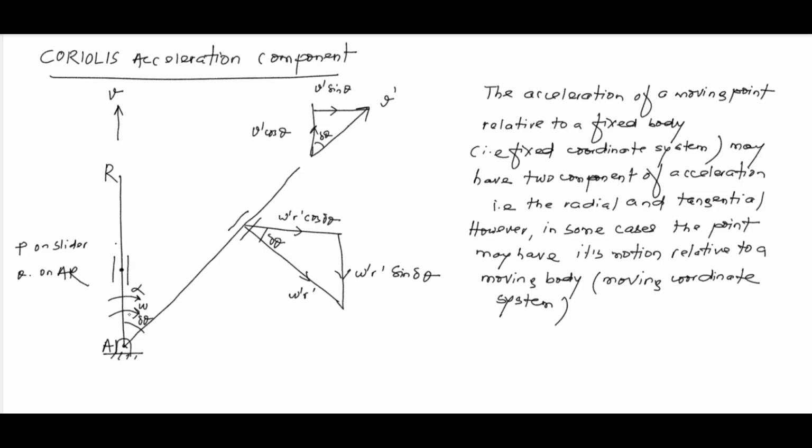The rod is rotating through angle delta and also the slider is moving on the rod. So it is a moving coordinate system. So in this particular case, how to find out the acceleration component? For this we use this Coriolis theorem. That is the importance of this Coriolis acceleration component.